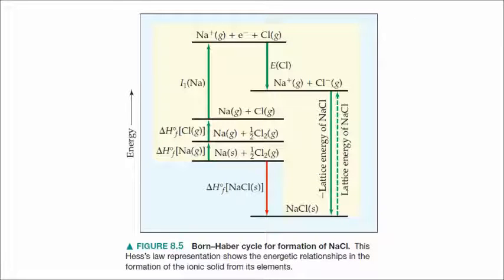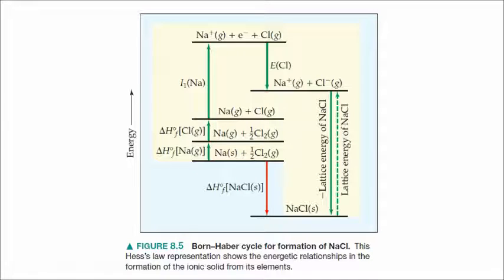And this diagram features several steps, the first of which is the sublimation of sodium from a solid to a gas. The second step involves breaking the covalent bond between chlorine atoms in a diatomic molecule. The next step involves the ionization of sodium, so removing an electron.